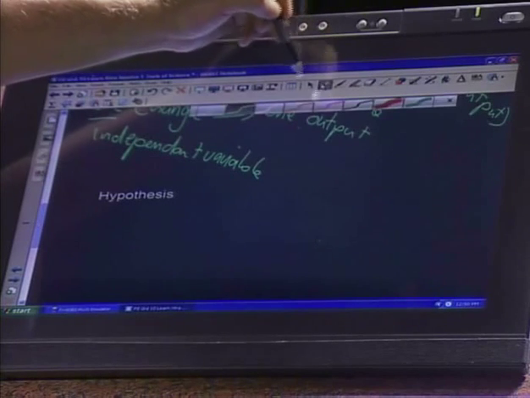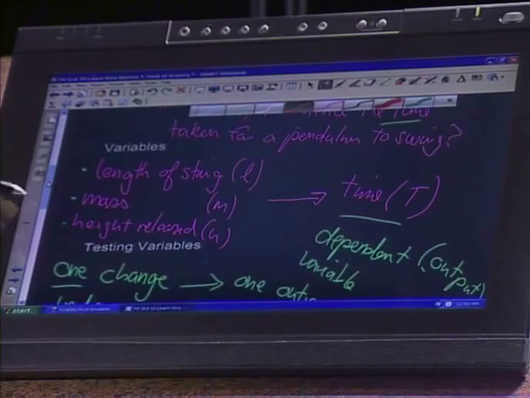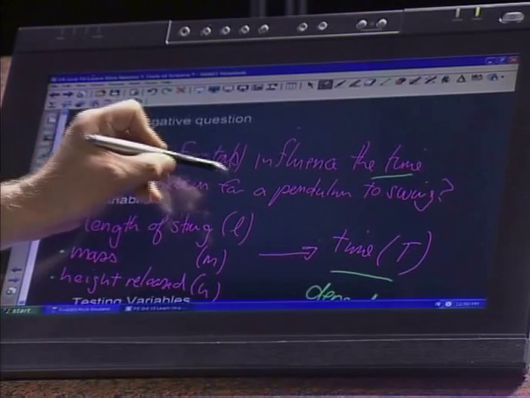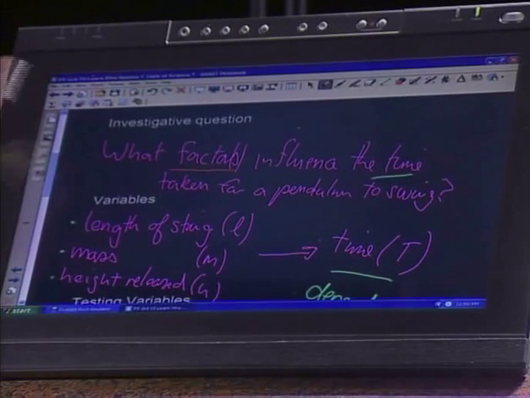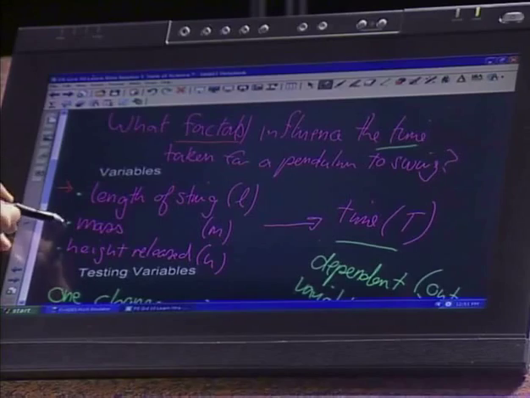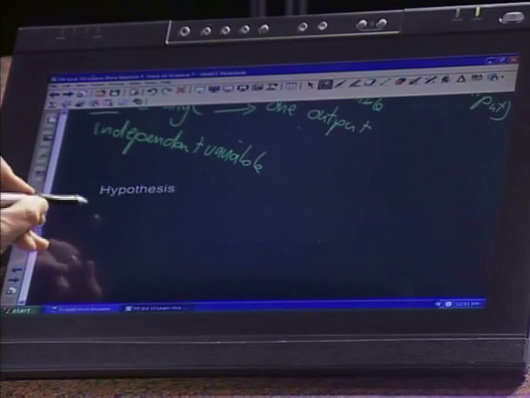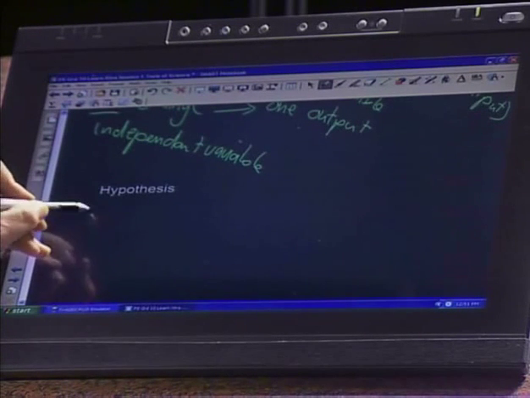And here, having looked at those variables, remember the investigative question, what factor or factors? I still don't know what the factors are, but I'm going to break them apart. And I'm going to do an investigation for length, an investigation for mass, and an investigation for height. For each of these, I would need to write down a separate hypothesis. My hypothesis for length, just from the little thing that I've done earlier, my little observations, is this.